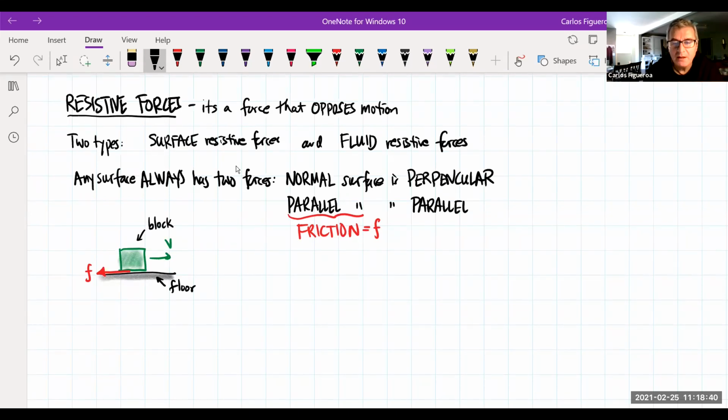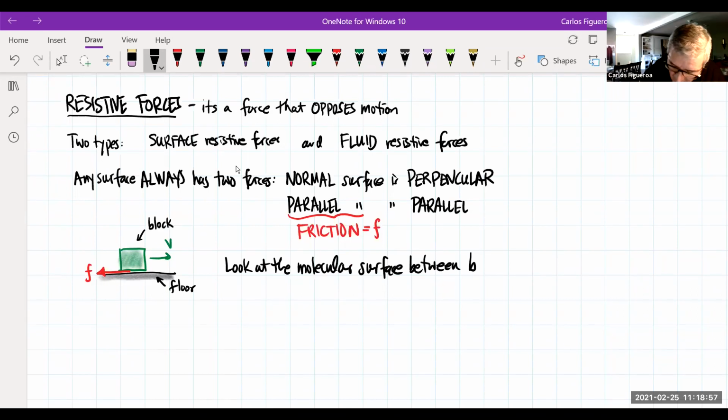So to really understand what friction is, we look at the molecular surface between block and floor. And what you find here is that when you look at the structure of that surface here, it's actually quite jagged.